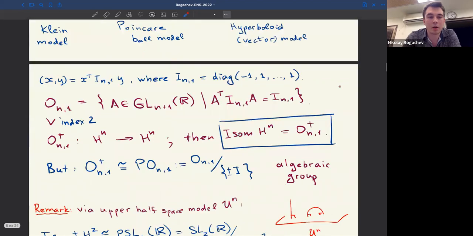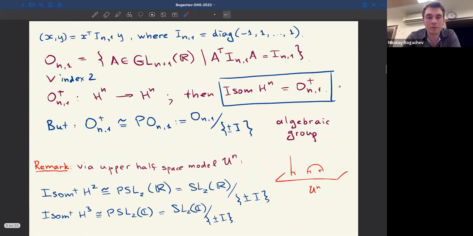And I would like to emphasize that the isometry group of the hyperbolic space can be considered as the Lie group O(n,1)^+, which is the subgroup of index 2 in the orthogonal group preserving this quadratic form of signature (n,1).